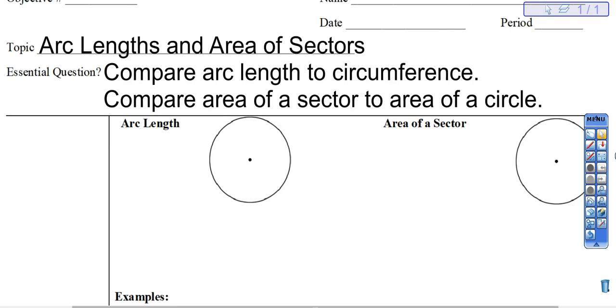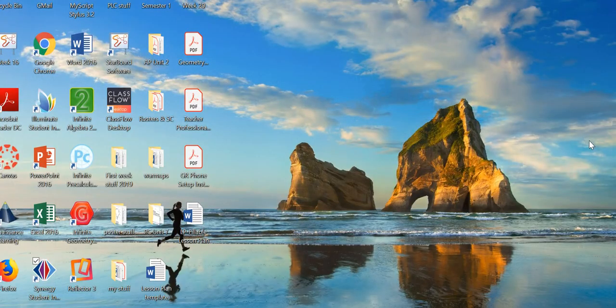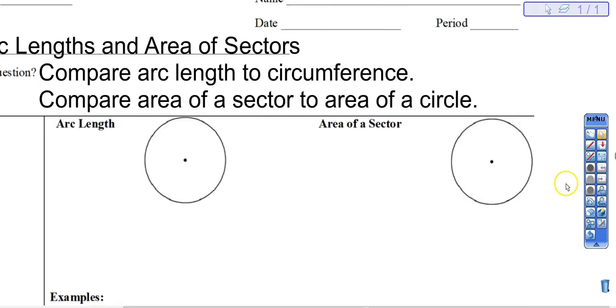Let's start with arc length. Okay, arc length. So let's draw an arc. I'm going to grab a colored pen here, and I'm just going to go around just a little section of my circumference here.